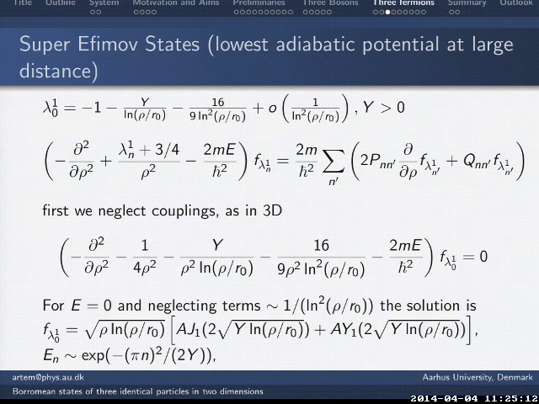And what would change if you include the 1 over log square term now? If I include this term, I would have the same scaling, but they will be a bit more bound because you have a negative sign here. And this would not change by including any finite number of terms of higher order in this 1 over log, because you can show that they're small.